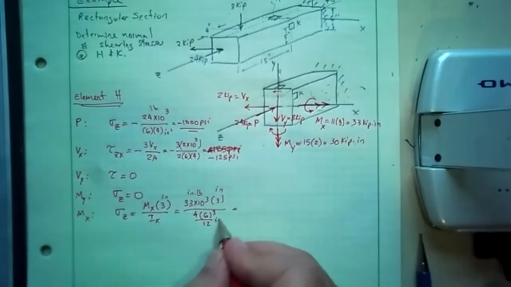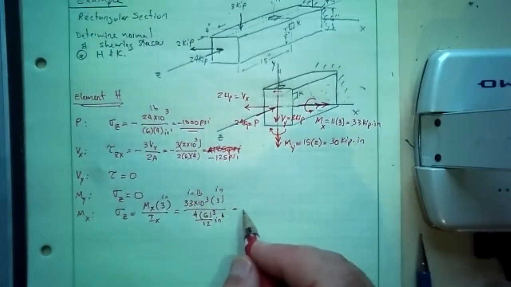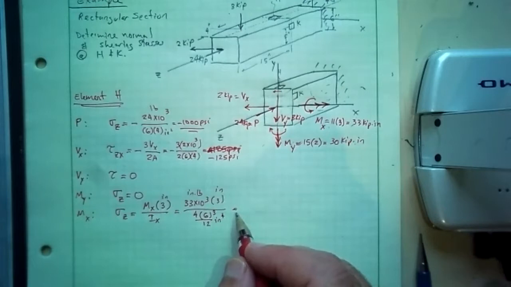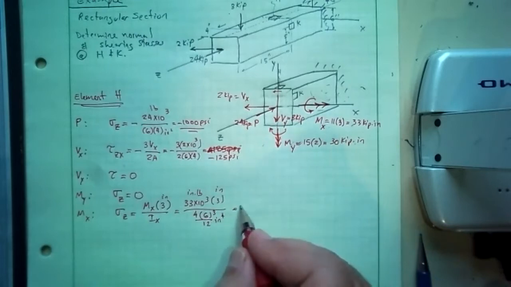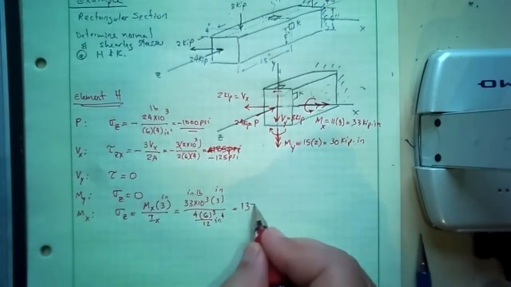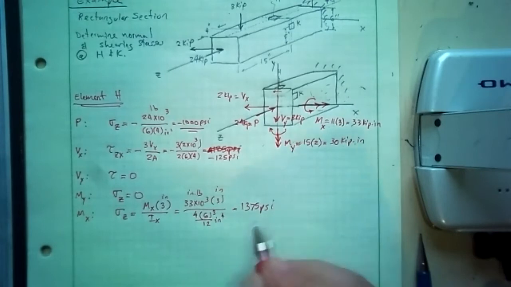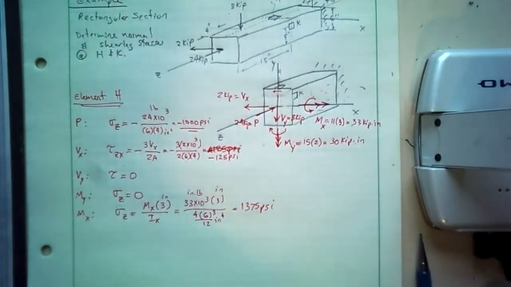This is going to be inches to the 4th, so this will be pounds per square inch. What will I get? 1375 psi. Okay. All right, so that's what we got. Any questions about these?